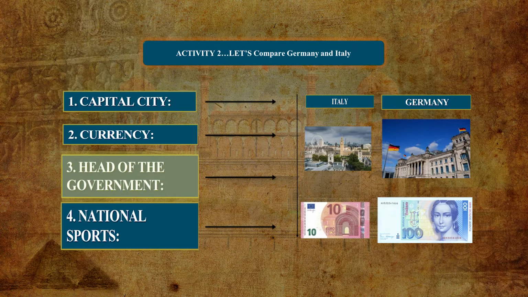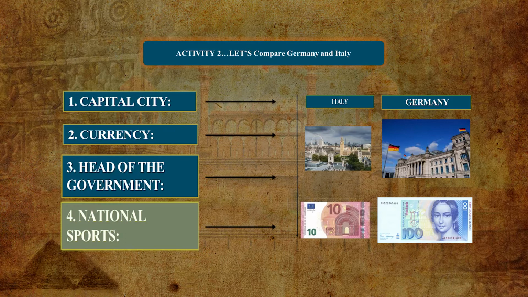Now, both Germany and Italy are democratic countries with a head of the government, but having a different name. For example, in our country, the head of the government is the Prime Minister. In the same way, the head of the government of Germany is known as Chancellor. So, you have to find out the names of the two leaders who are leading Germany and Italy at present.